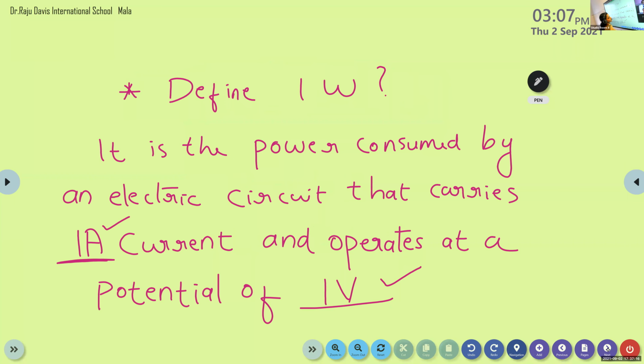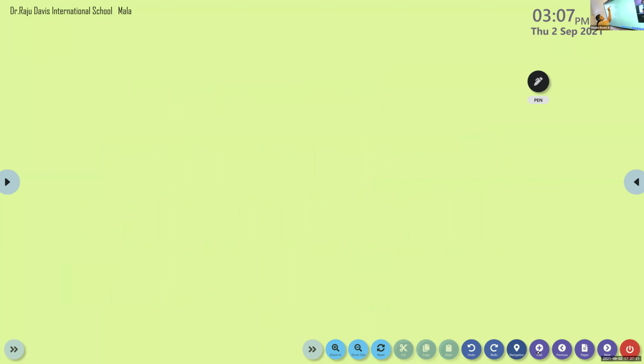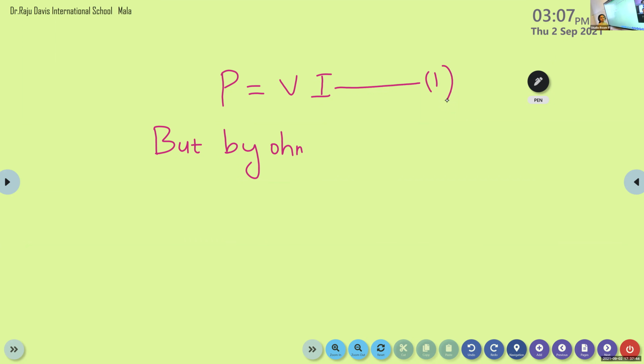Now we can describe equations for power. The basic equation for calculating the power is P is equal to V into I. This is the first equation for calculating the power. But by Ohm's law, what is V?